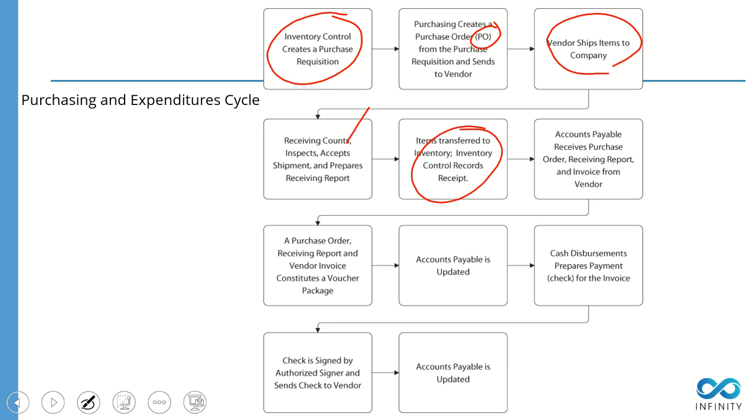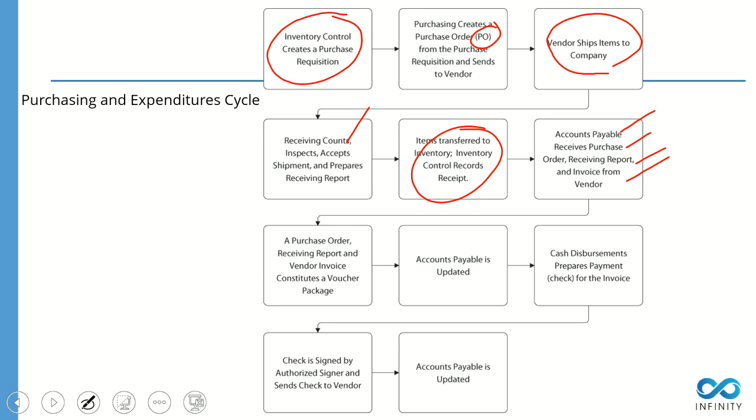And accounts payable receives the purchase order, receiving report and invoice from the vendor. They get the purchase order that we already sent, to make sure we have proper authorization to buy this item, then the receiving report and an invoice. The receiving report shows the company received the item, and the invoice shows the amount we have to pay to the vendor.